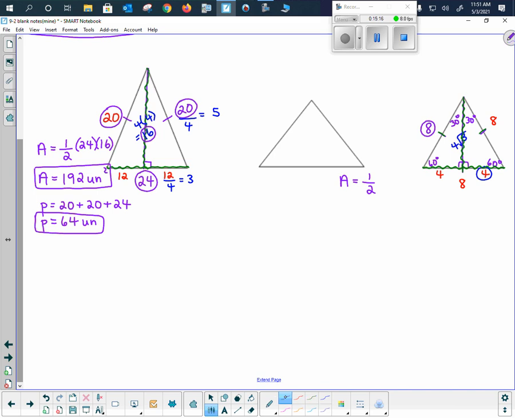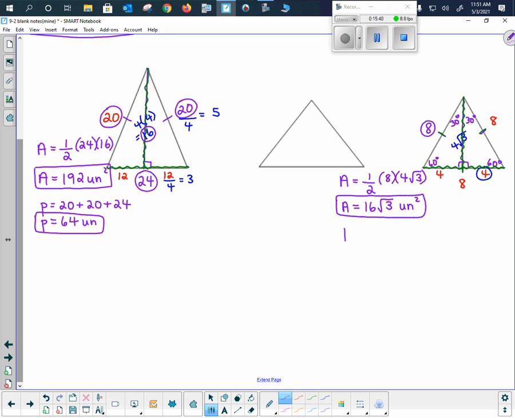So 1/2, the whole base is 8, and the height is 4√3. So 1/2 of 8 is 4, and 4 times 4√3 is 16√3 units squared.